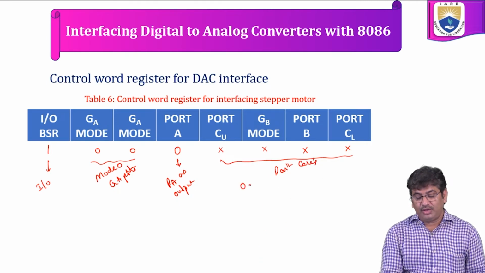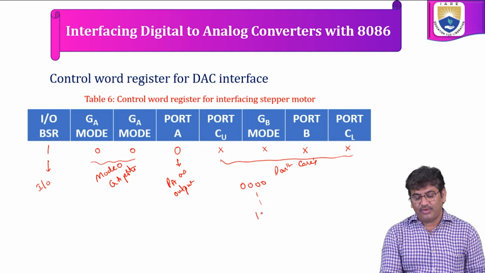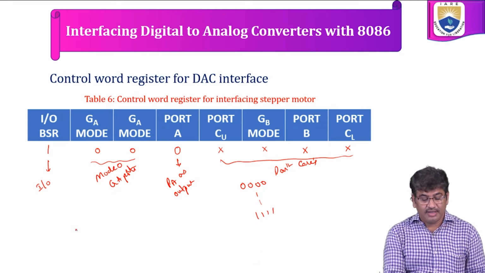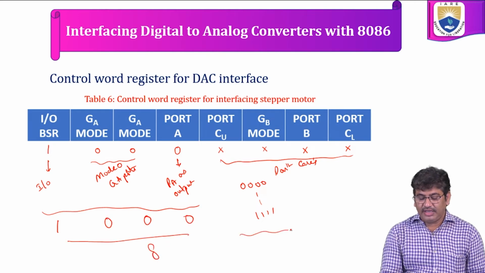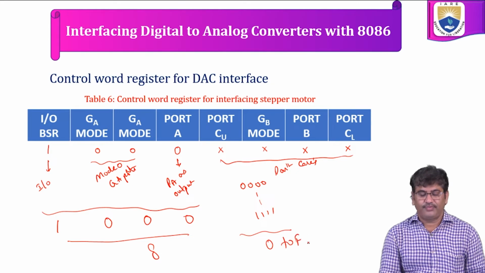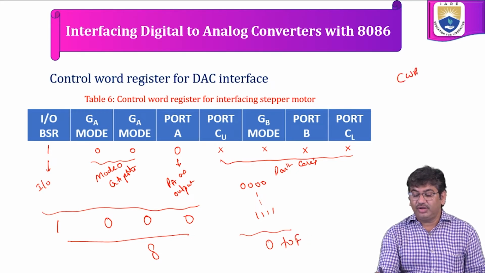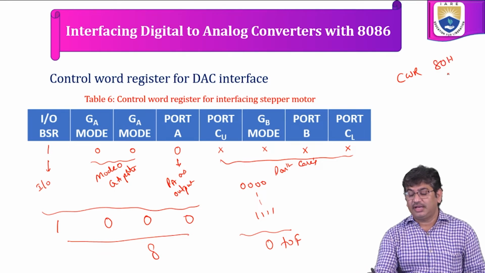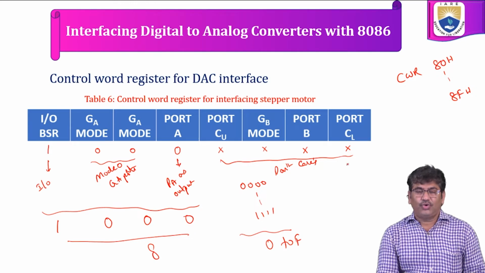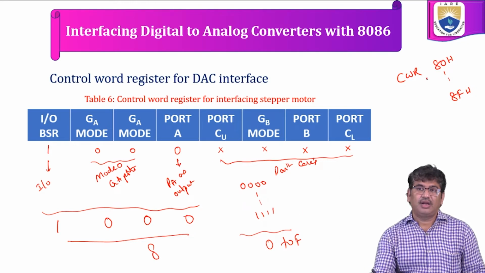We can take any value from 0000 to 1111, whereas the upper 4 bits are 1000, which gives 8, and here I can have 0 to F. So the control word register value I have to write for the 8255 can be 80H or 81H, like this till 8FH, anything we can write. As the lower 4 bits are don't cares, we can write the control word register value as 80H to 8FH, any combination.